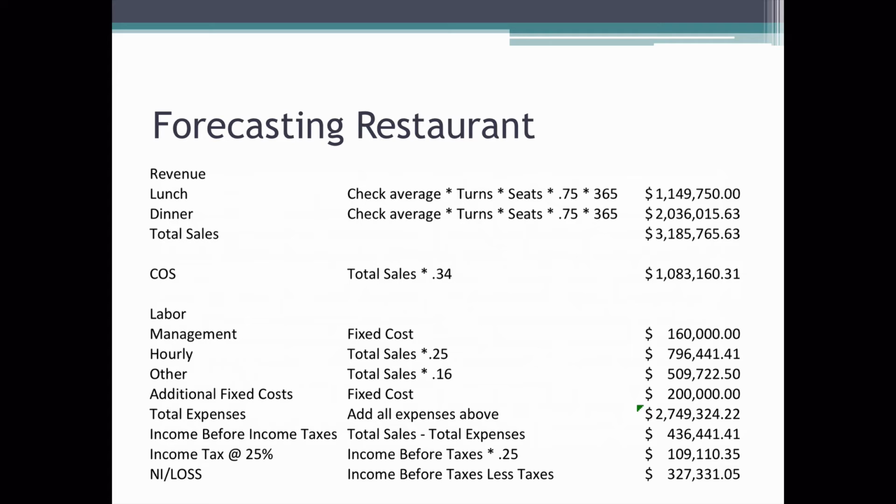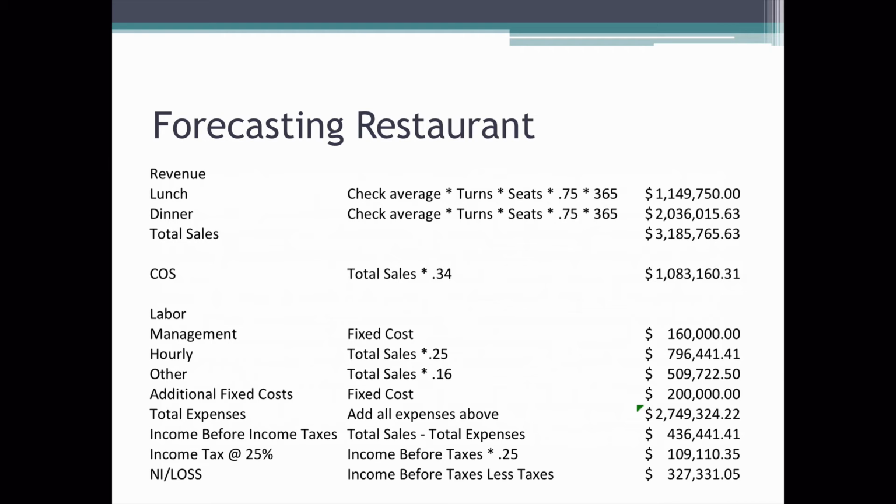So we took the $3,185,765.63, and we subtract that out to $2,749,324.22, and we get $436,441.41, and then we multiply that by our tax rate of 25%, and that gives us our income tax of $109,110.35.